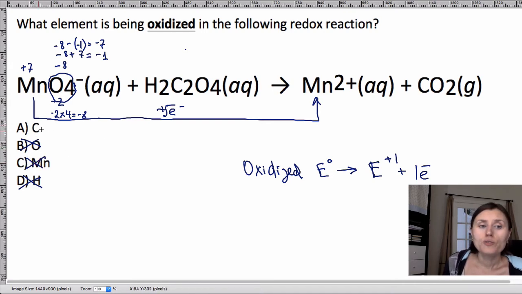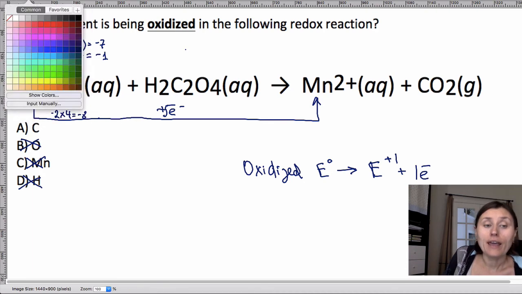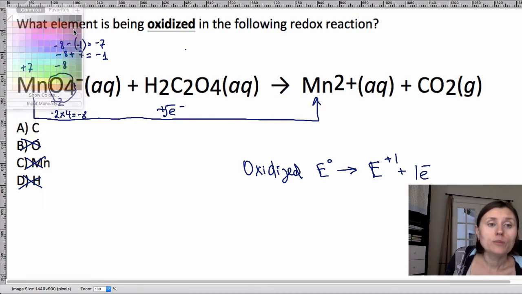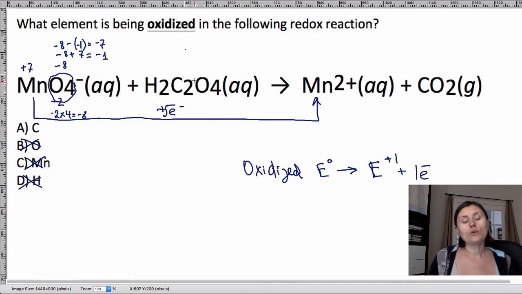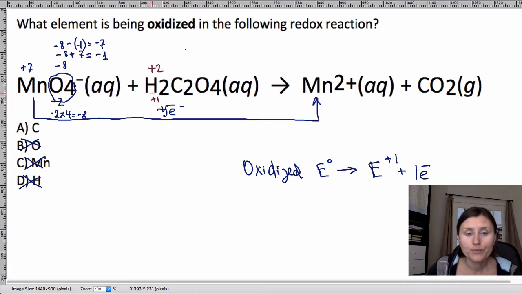So now the only option we have is option A, but let's just double check and do our balance on carbon just to make sure that it actually is being oxidized. Okay. So we start with the hydrogen. Hydrogen always has the +1 charge, but 2 hydrogens would make it +2 charge, right?